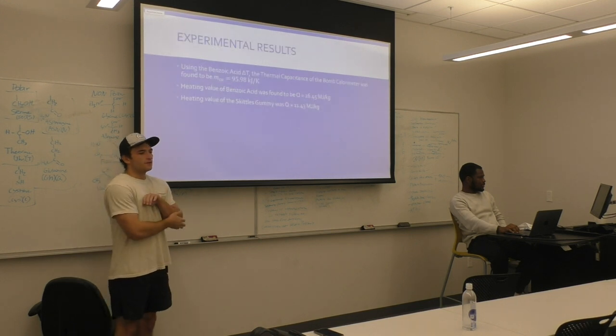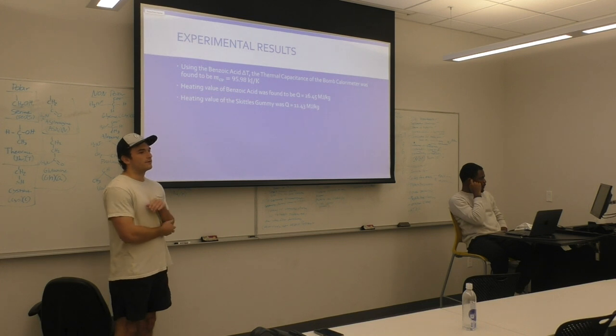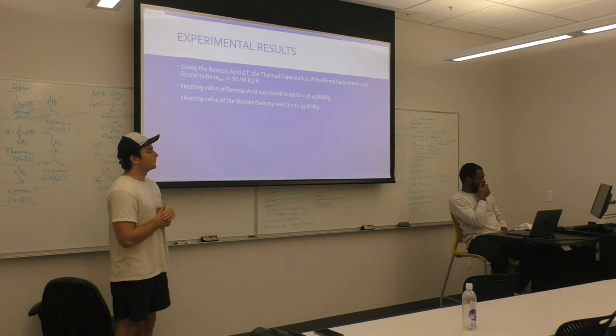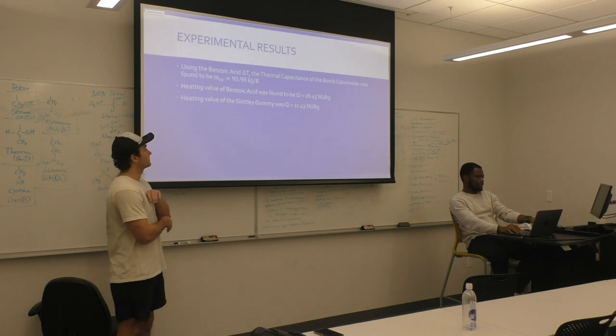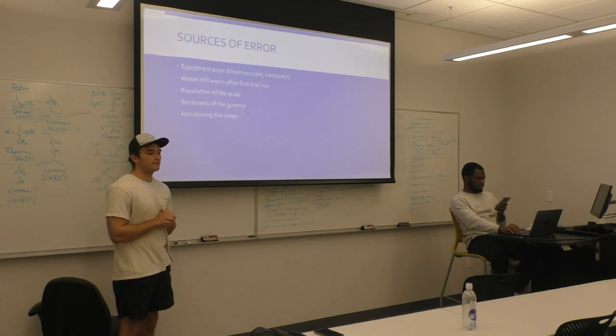Using the Q from the benzoic acid, you can calculate the thermal capacitance of the calorimeter to be around 96 kilojoules per Kelvin, which is about what we thought it was going to be. The total Q from the benzoic acid was about 26 megajoules per kilogram, and ours was significantly lower at 11 megajoules per kilogram.